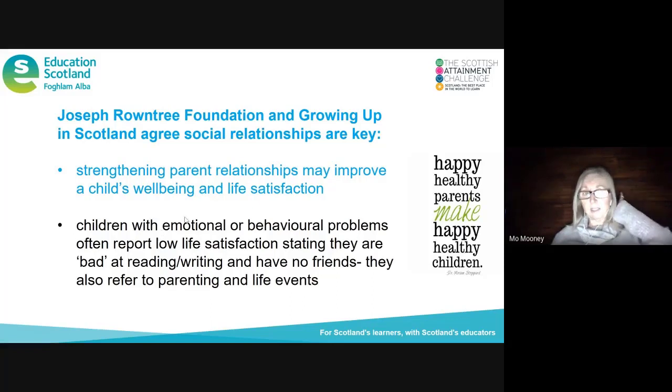Gus, in their 2016 research, takes that even further and suggests that whole family involvement may have a better chance of success and lead to greater improvements for the child. So the more members of the family you can get involved, again, the better chance of success that you've got. And it might be that the mum's in one house, the dad's in another.